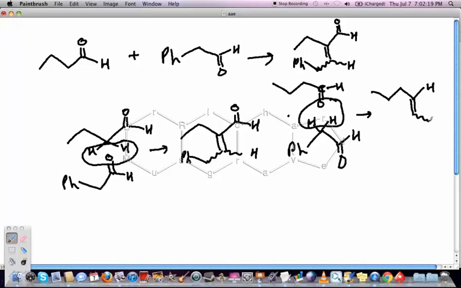And again, we have two different groups attached to each carbon from the double bond, so cis and trans isomerism would be possible, and this would be the second product. Now what I want to convince you of here is that what we have are two different compounds, actually two different sets of cis and trans isomers.